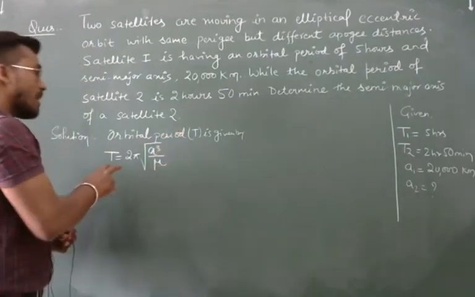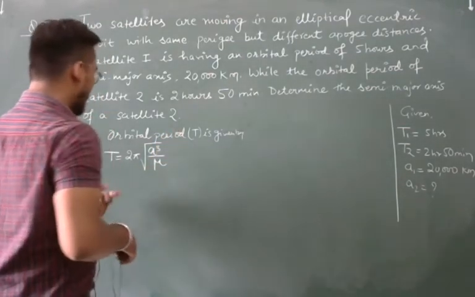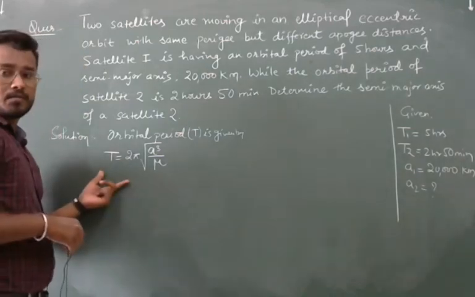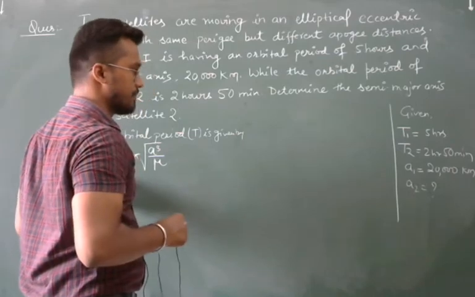But if you have two satellites, satellite 1 and satellite 2, we have considered the orbital time periods T1 and T2.